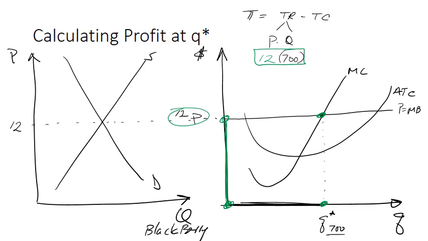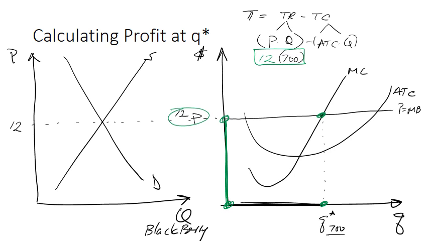Now, total revenues are nice because it's money coming in, but of course it costs us to make that output. We're going to have to figure out what it costs us. And the way that we're going to figure it out is we're going to take an average total cost multiplied by the quantity that we're creating.